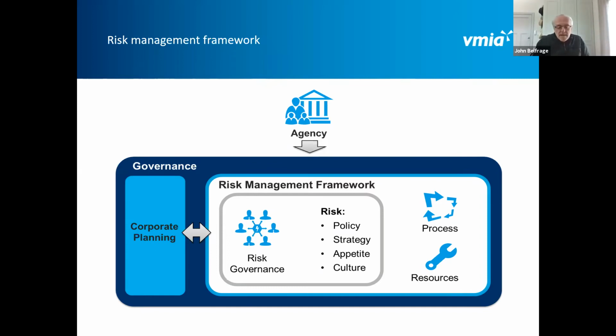And we would suggest that if an agency hasn't actually identified risks to its strategic objectives, no matter how big you are or what your remit is, that's probably a significant gap in your risk profile of your agency.